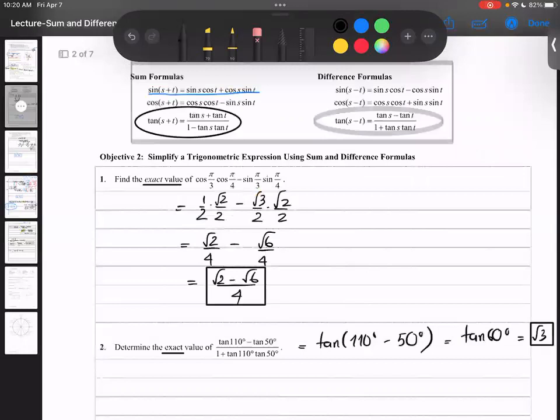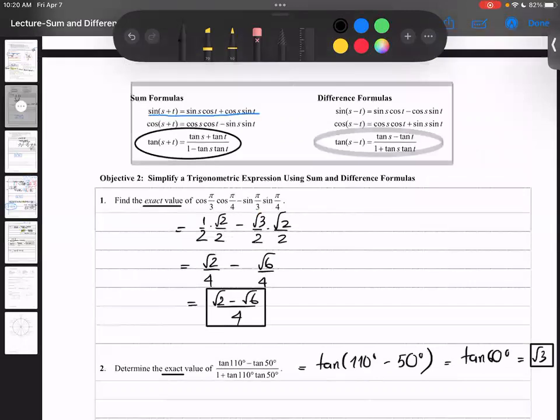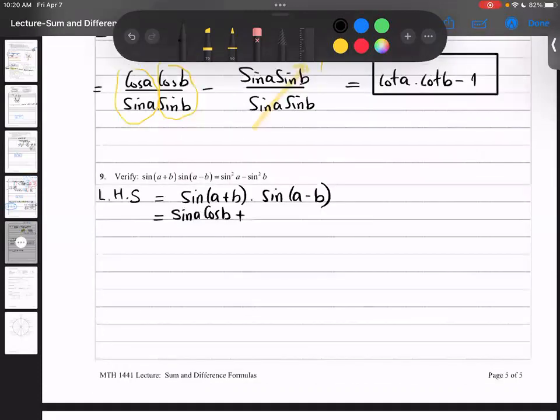Sine S plus T is sine S cosine T plus cosine S sine T. So sine, cosine, and plus, plus sine B cosine A. And then for the minus, it's the same thing.